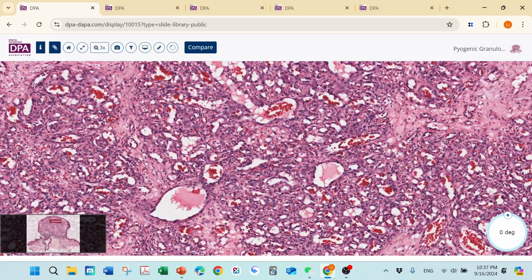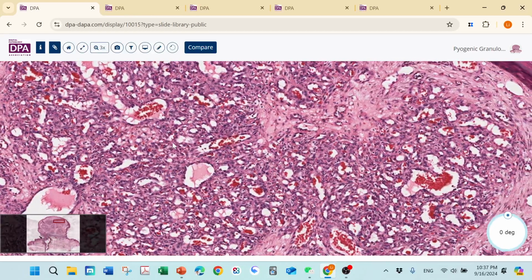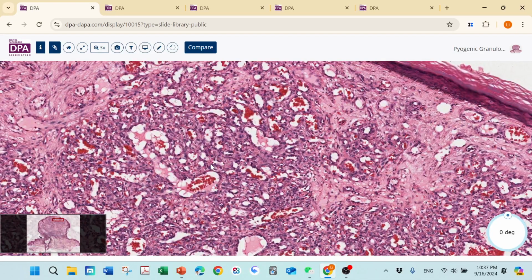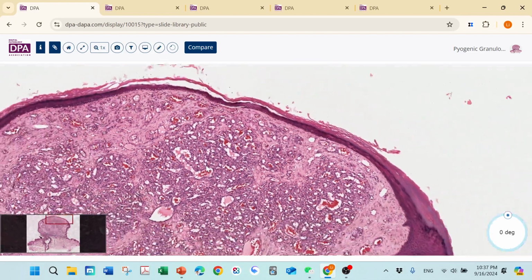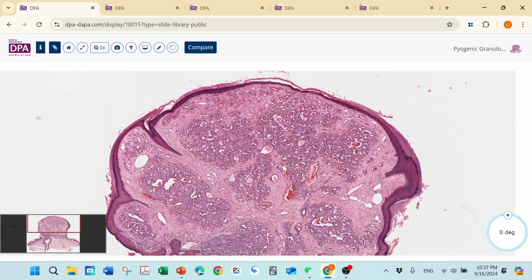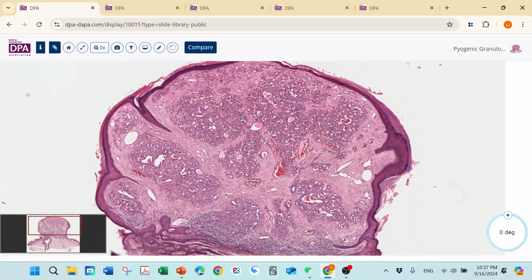Usually you can see it in HIV or other immunosuppressed patients. One clinical feature is that pyogenic granuloma usually presents as a single lesion. With bacillary angiomatosis, you will see multiple lesions.